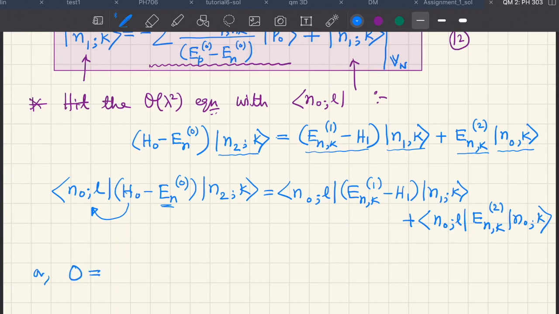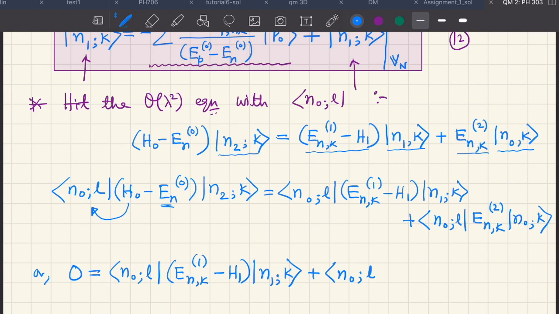and what remains on the right hand side is the following: <n0;L| (E_n^(k,1) minus H1) |n1;k> plus E_n^(k,2) <n0;L|n0;k>, because E_n^(k,2) is just a number.